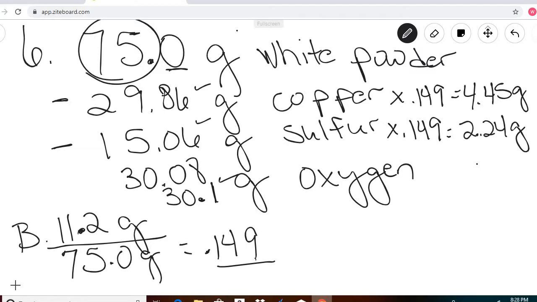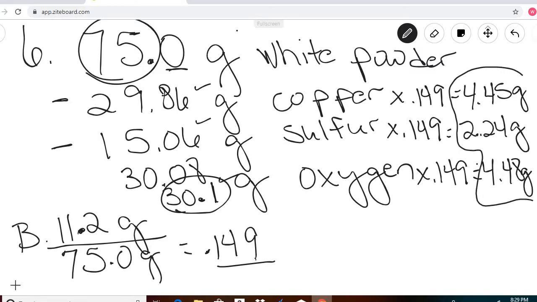And lastly, we'll do the same thing for the oxygen. 30.1 times 0.149, we would need 4.48 grams of oxygen. So these are the amounts that we would need to make 11.2 grams of the white powder: 4.45 grams of copper, 2.24 grams of sulfur, and 4.48 grams of oxygen.